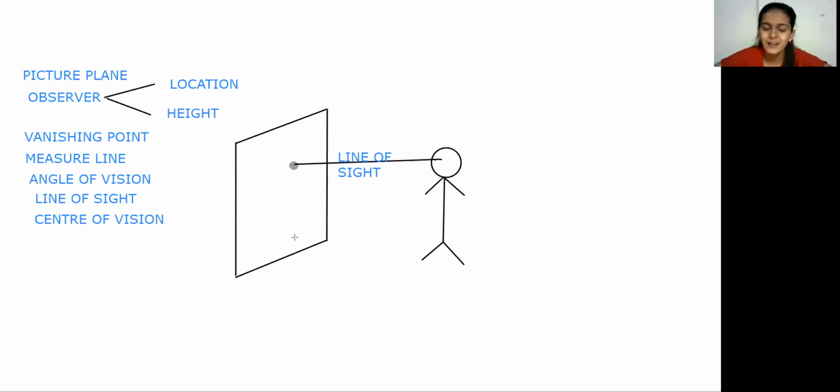Now consider a plane coming out of your eyes. Firstly, we assumed a ray, a single line coming from our eye. That is the line of sight. Now what do we have to consider? A horizontal plane coming out from our eyes.